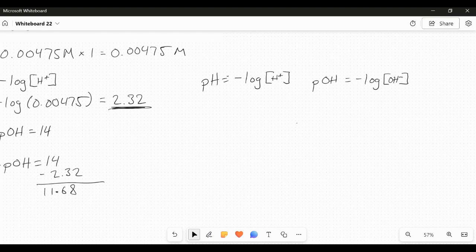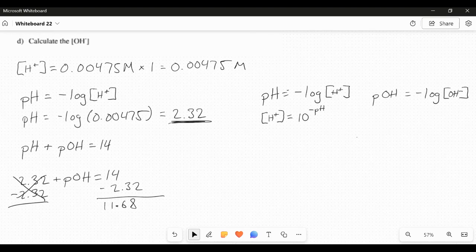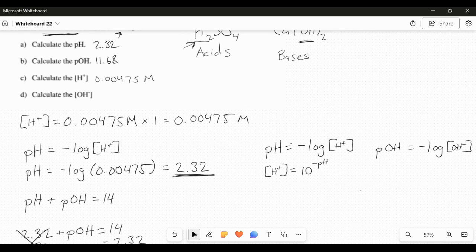So similarly, we can go in the opposite direction. The concentration of hydrogen is equal to 10 with an exponent of your negative pH. So to use my example right here, my pH is 2.32.